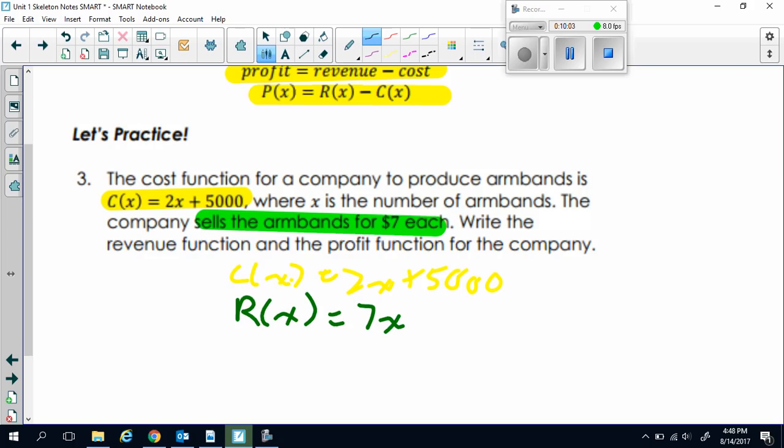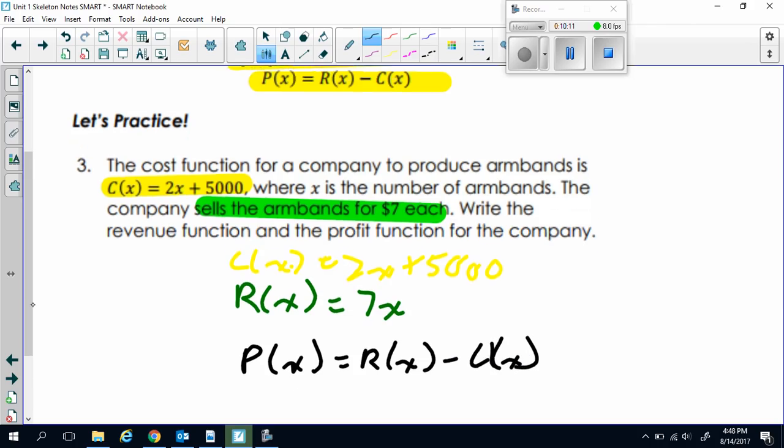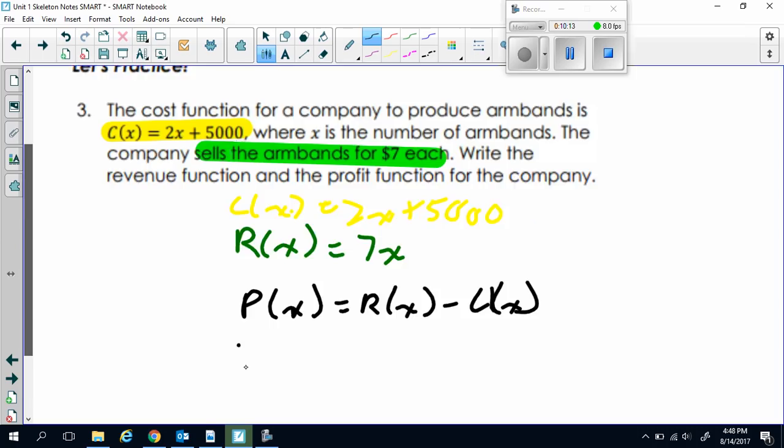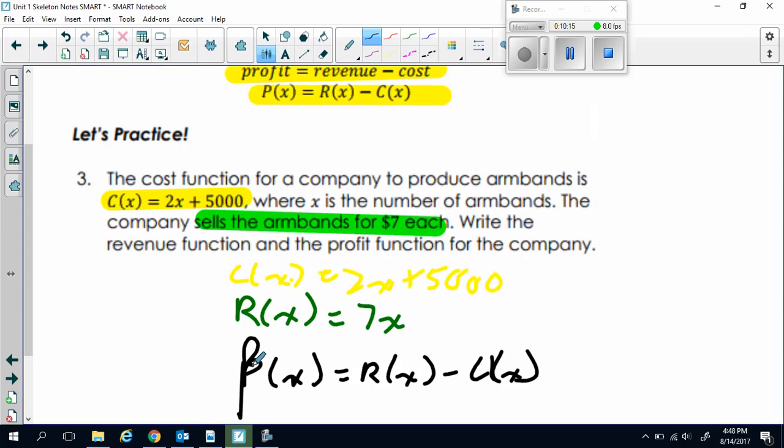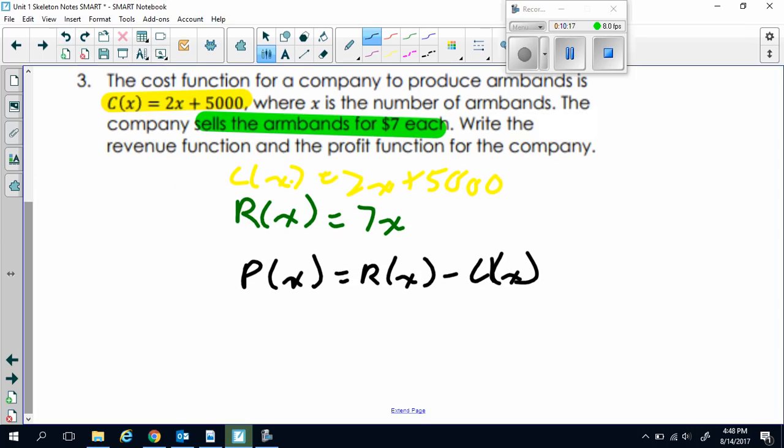So let's use our profit equation, which is P of x equals R of x minus C of x. And let's go ahead and plug in all of our numbers that we know. P of x will equal 7x minus our C of x, which is 2x plus 5,000.